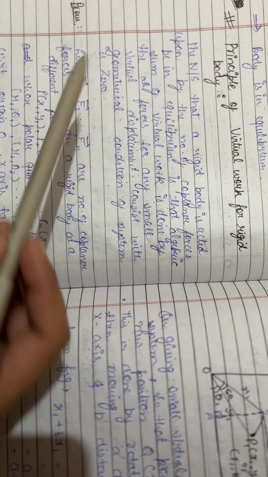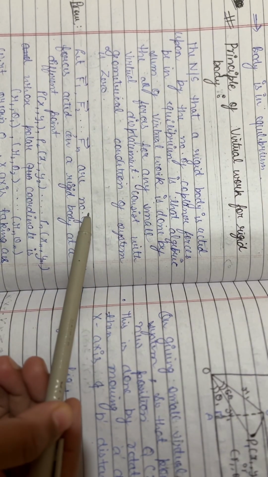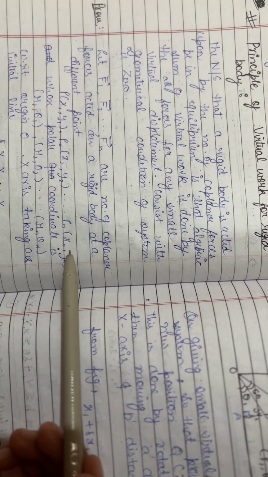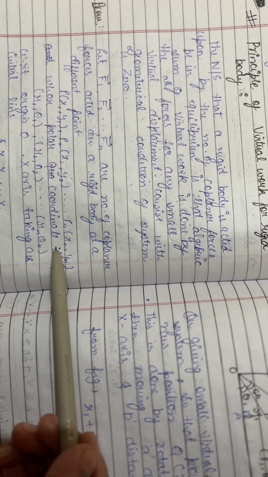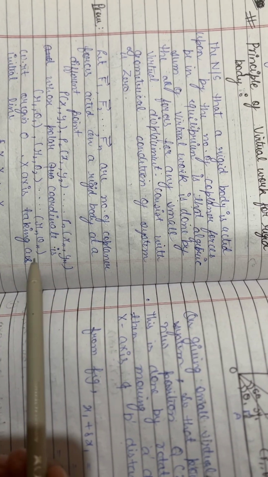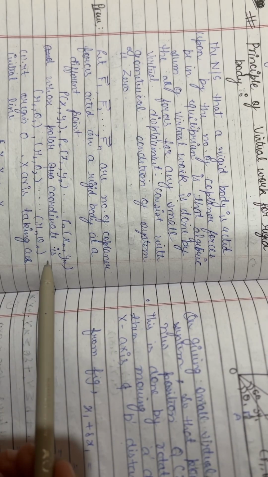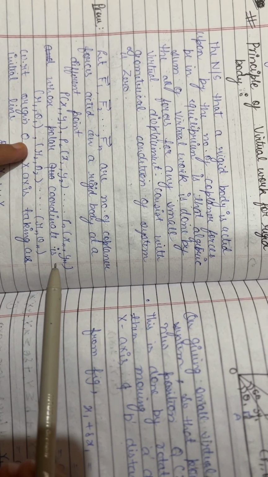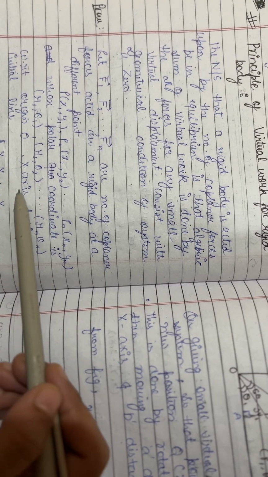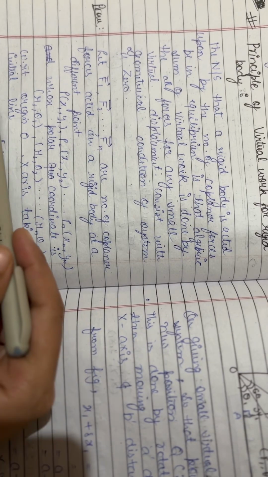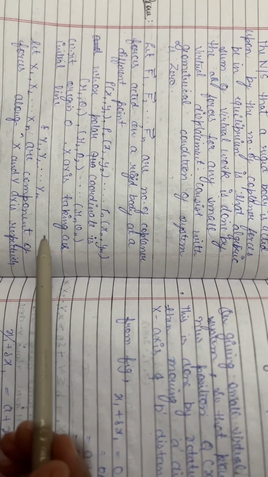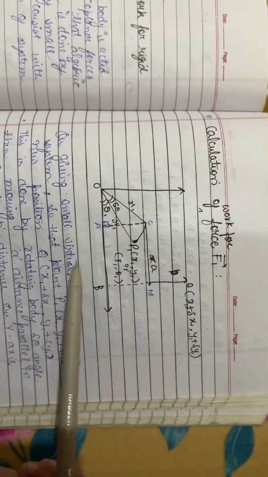Similarly to the previous one, we take the same forces till Fn, but there is a small change: we will take polar coordinates, which are P1 (x1, y1) till Pn (xn, yn), and their coordinates are r1 theta 1, r2 theta 2 along the x-axis. Now y1, y2, yn and x1, x2, xn are components of forces along the x and y axes respectively.